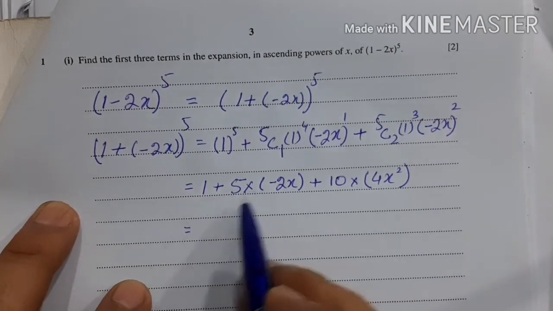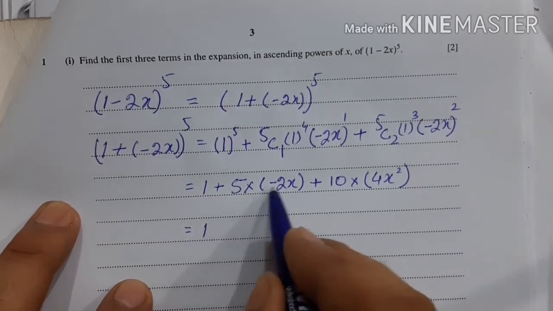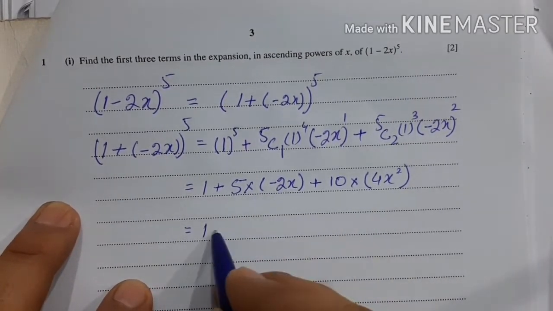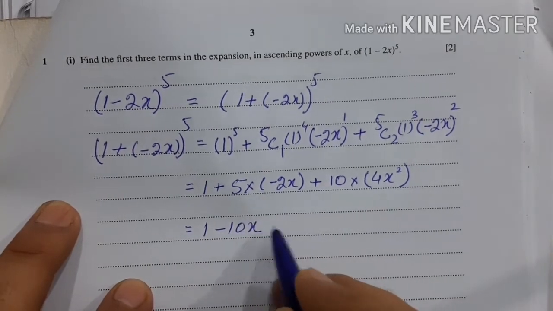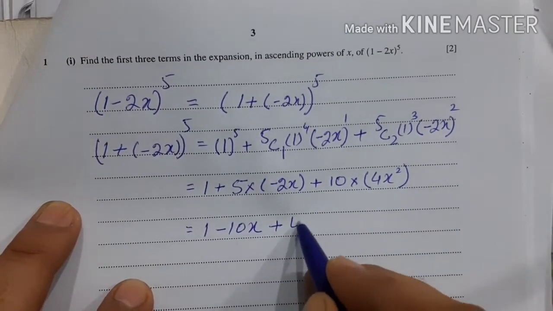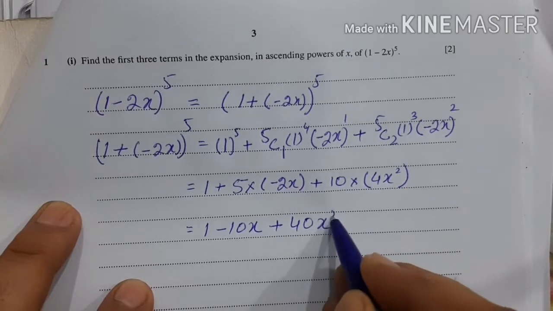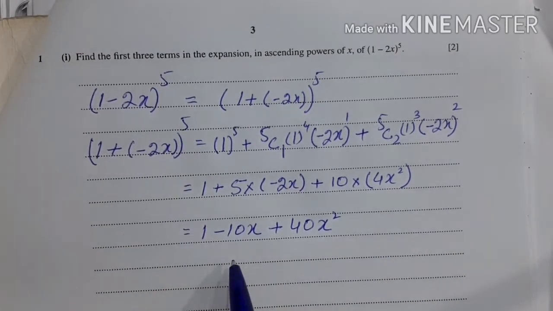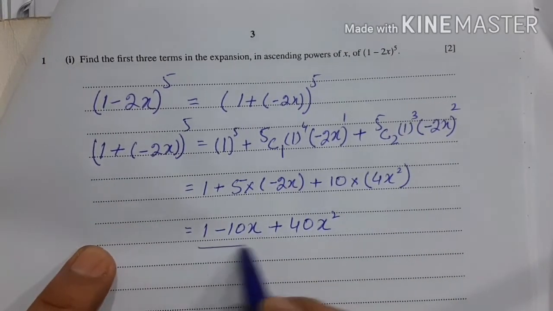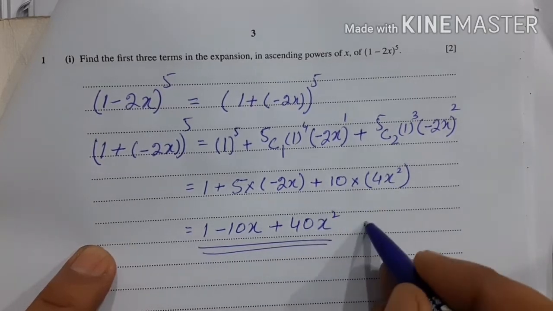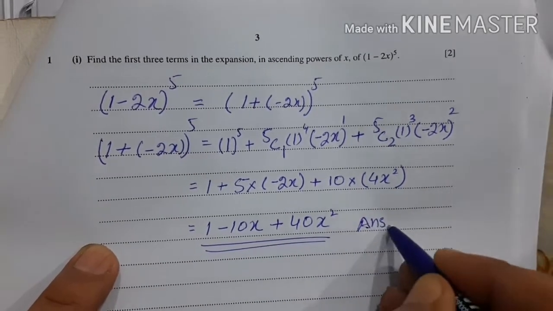So this will be 1, 5 multiplied by minus 2x is minus 10x, plus 40x square. So these are the first three terms of this expansion. So this is our answer.